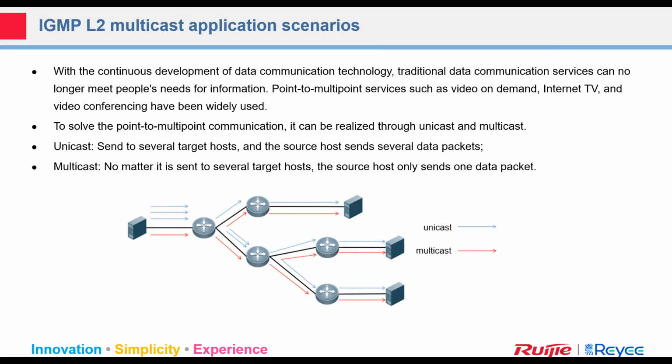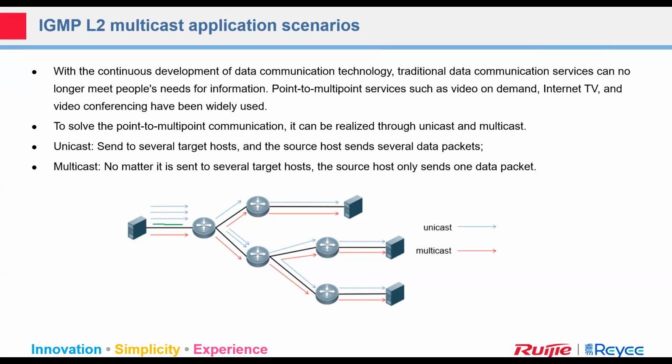So for unicast, the data is sent to several selected target hosts, and the source sends several data packets. For example, here you can see for unicast, the host sends to several targets.